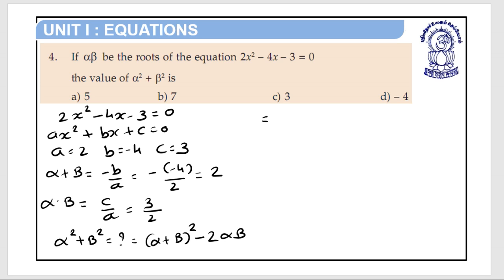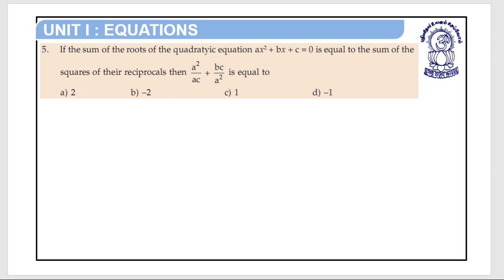So alpha plus beta whole square, 2 square, minus 2 alpha beta, alpha beta is c by a, c is minus 3, so minus 3 by 2. 2 2s are 4, 4 plus 3 is 7. Alpha square plus beta square value is 7. Answer is B.